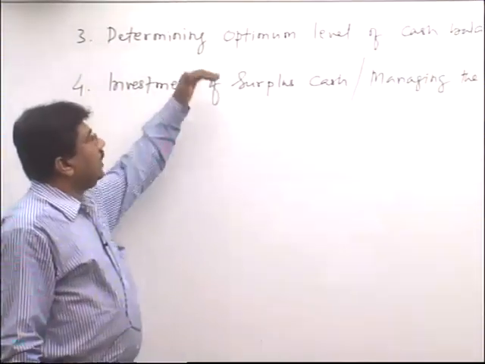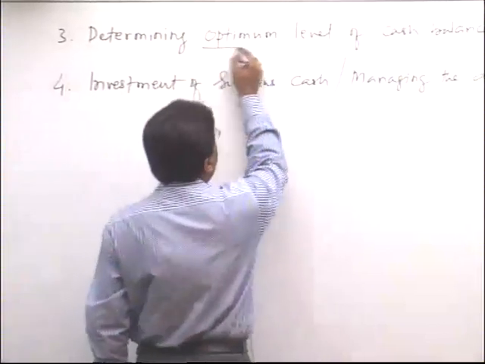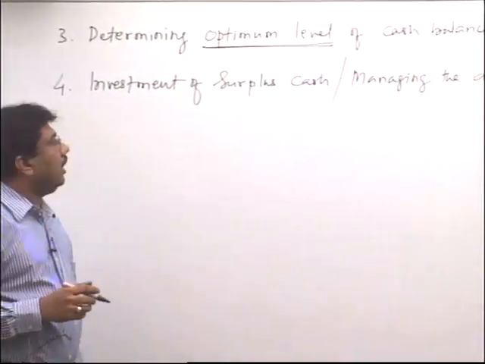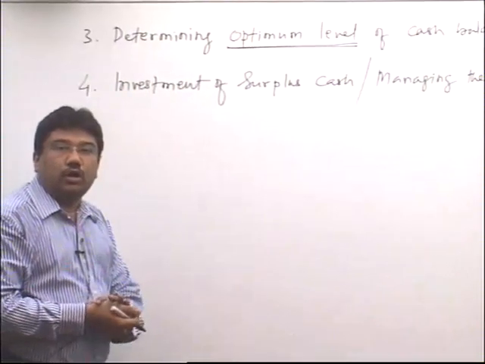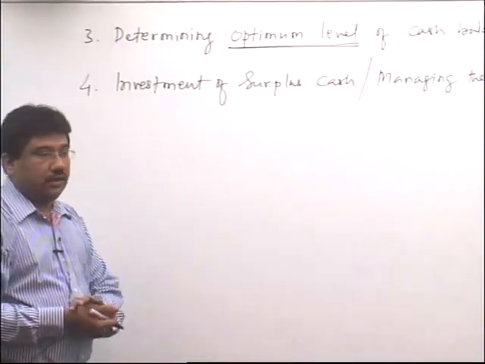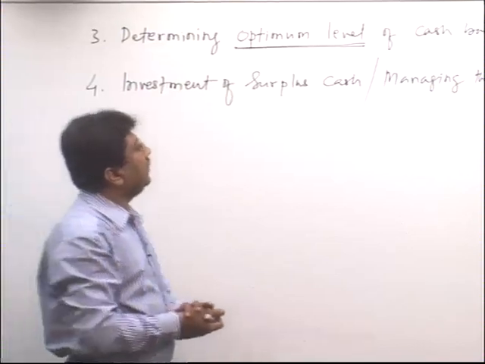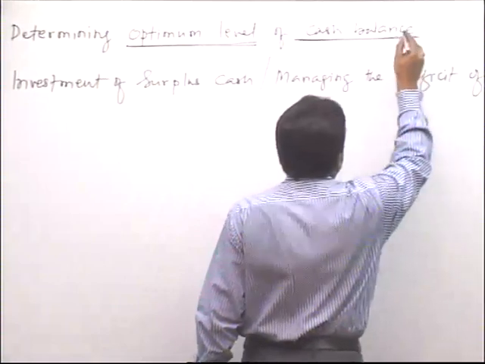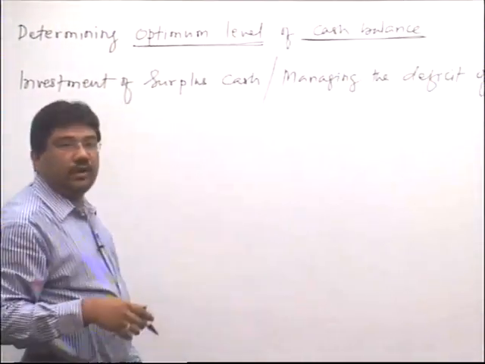So the cash on hand should be at optimum level. It should not be more than required, and at the same time it should not be less than required. That is called optimum level of cash. And how to determine optimum level of cash balance? For that there are certain theories which we will discuss.